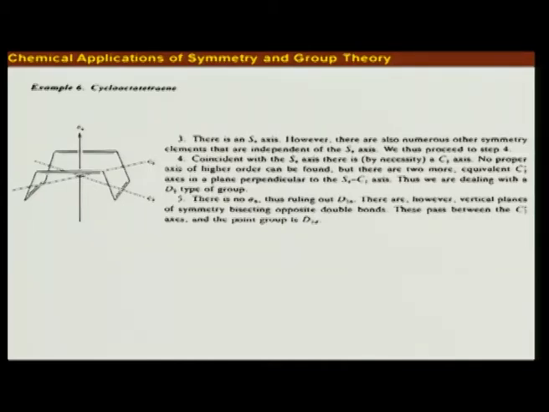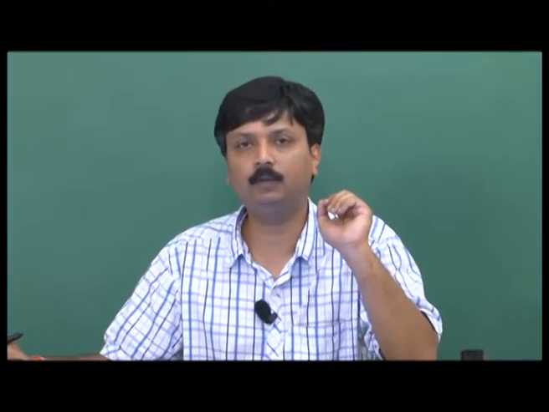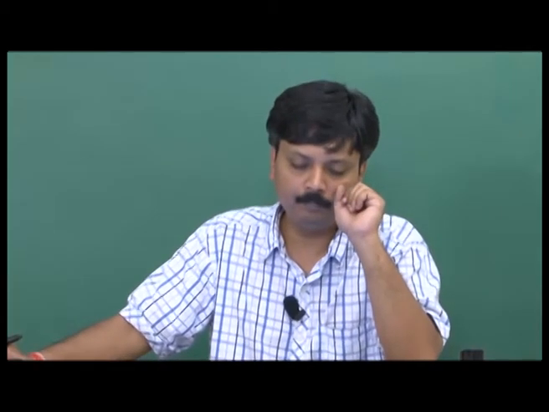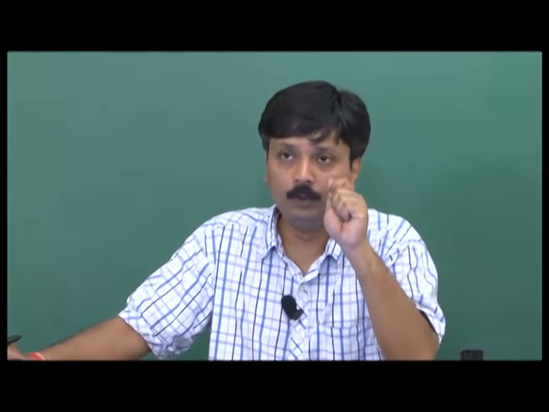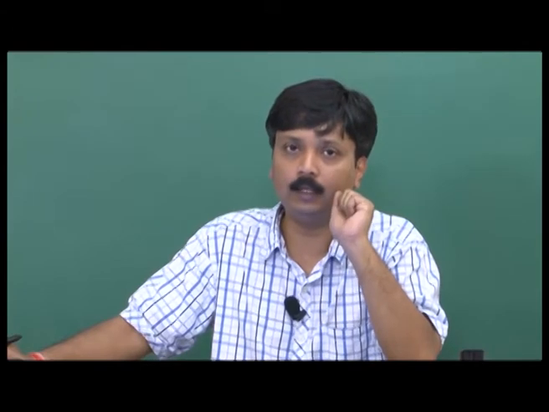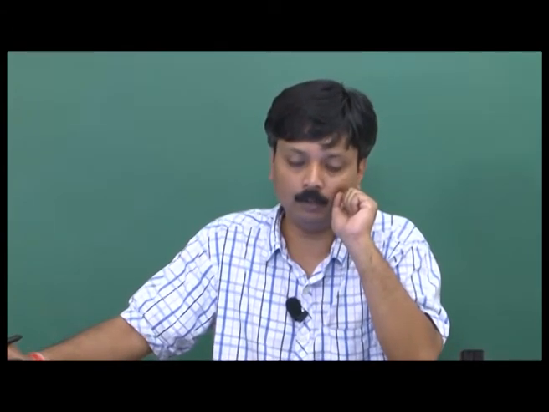For that you can use the Lewis structure and apply VSEPR theory and find out the structure and the shape. Then only you can actually visualize the symmetry operations that may exist in those molecular structures.